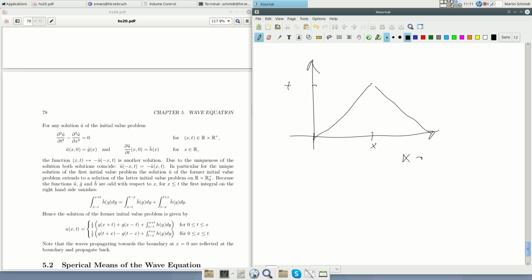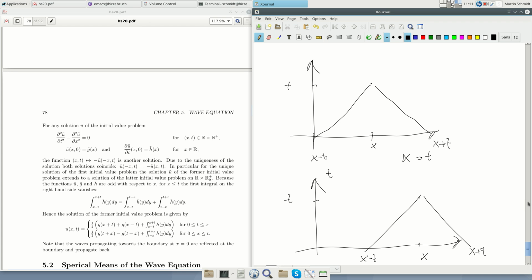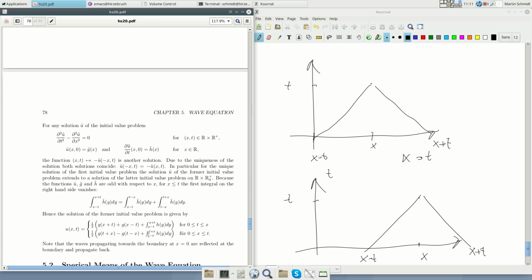This corresponds to x equal to t. Then we have only x minus t and x plus t. And if x is larger, and here we have t, then we only are in the usual situation, x minus t and x plus t. Okay, so this initial value problem, the solution of this initial value problem, we will use later.